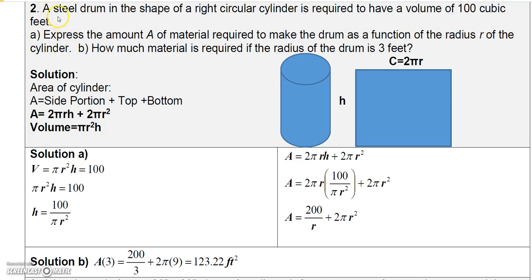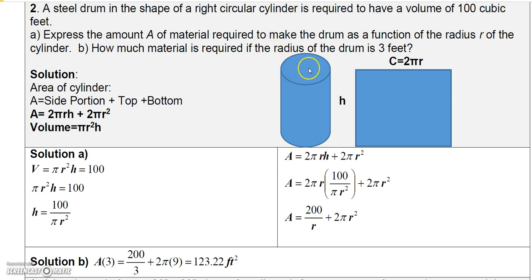Okay, so on the next one, we have a steel drum in the shape of a right circular cylinder, so it looks like this. And it's going to have a volume of 100 cubic feet. So what we want to do is express the amount A, the area of material required to make the drum, as a function of the radius R of the cylinder.